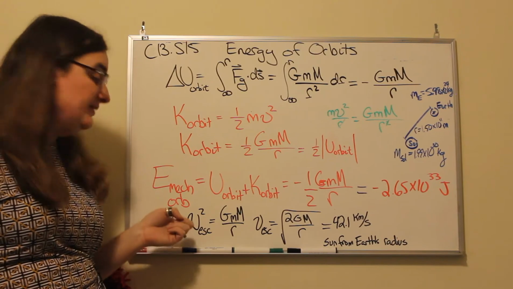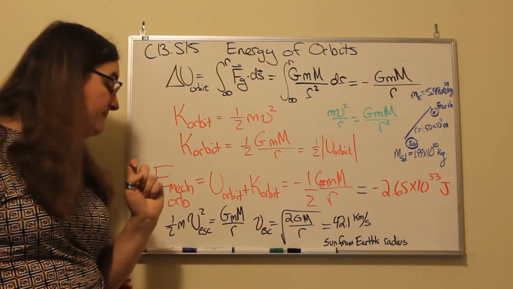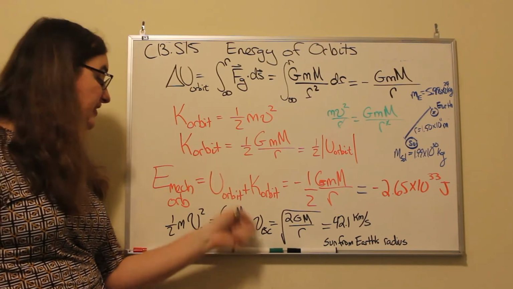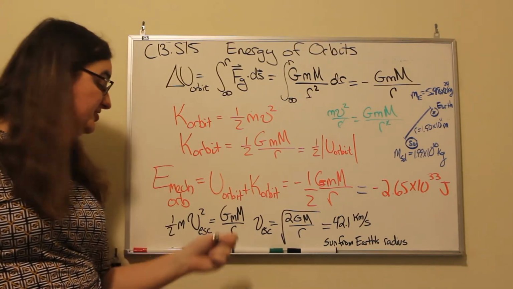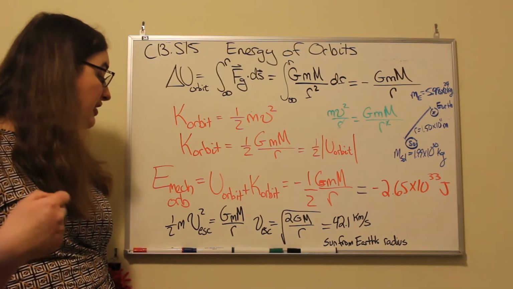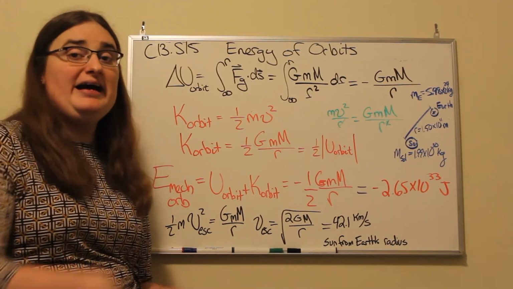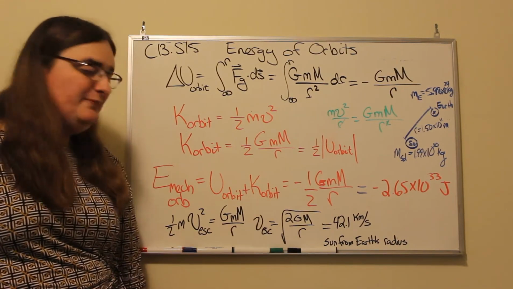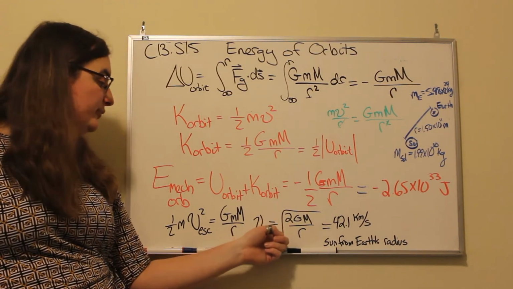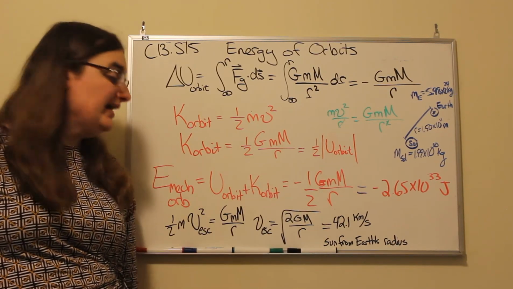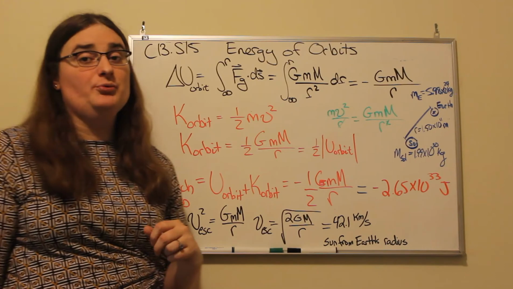So 1/2 times our mass times our escape speed squared would be the gravity constant times our mass times the mass of the object we're escaping divided by the radius, our distance from where we are right now to the center of the object that we're escaping. So our escape velocity would be the square root of 2 times the gravity constant times the mass of the object we're escaping divided by the radius.